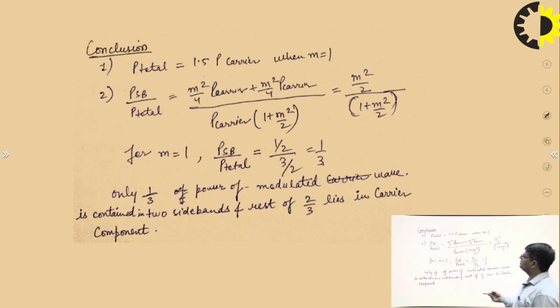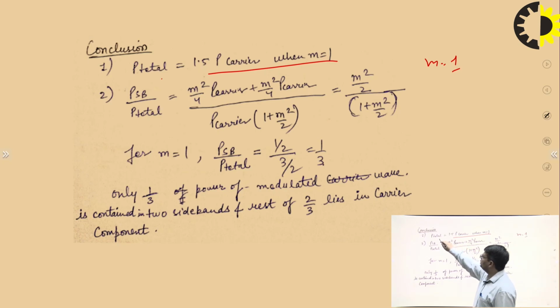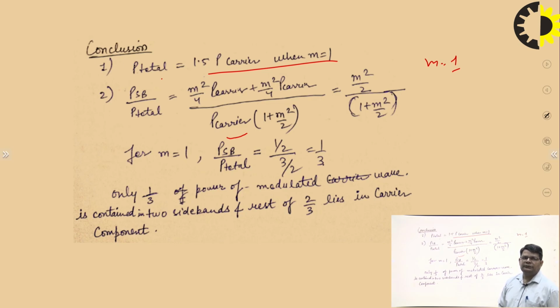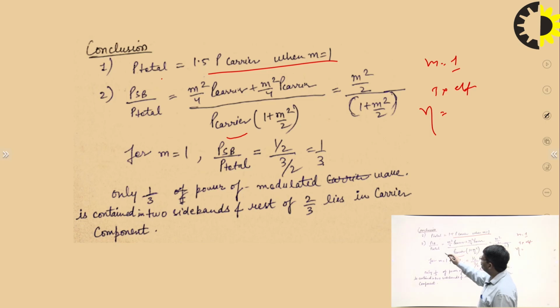These are the various relations. In conclusion, if we put the value of M equal to 1 in the previous relation, we can see that the total transmitted power will be 1.5 times the carrier power. Then we can also calculate the transmission efficiency, that is, the power corresponding to the sidebands divided by the total power.